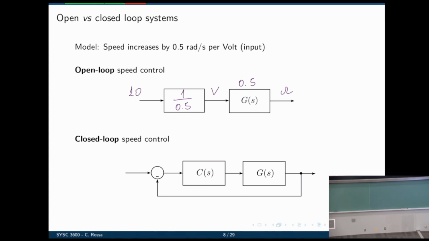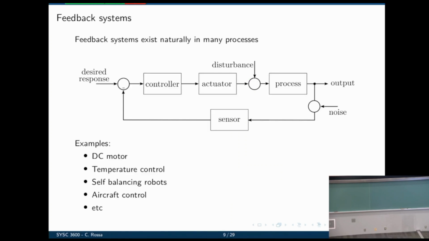And as I said, this feedback loop appears naturally in several different systems. So overall, this is the loop we are going to use to represent some systems, especially when you want to add control to them. We have all these elements.